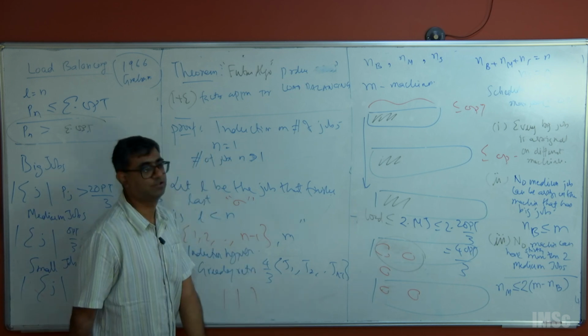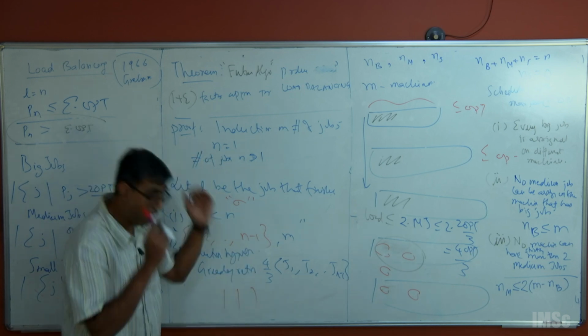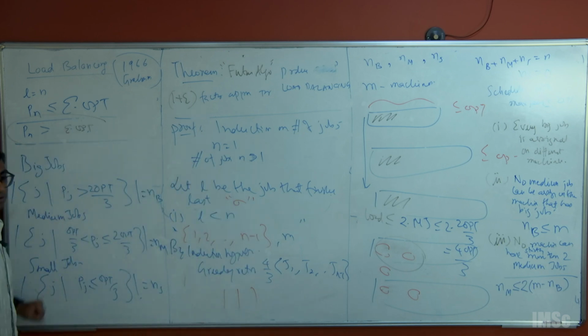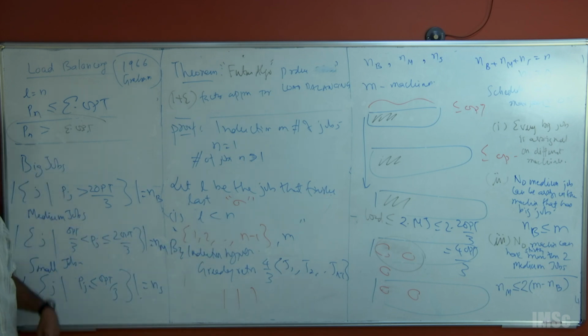The case which is not going to work is when the processing time of every item is big, meaning at least epsilon times opt. When epsilon was 1/3, I gave you a handcrafted algorithm. Now let us try to handcraft this algorithm for general epsilon, and that is all that I would like to do. You understood which setting we are in?